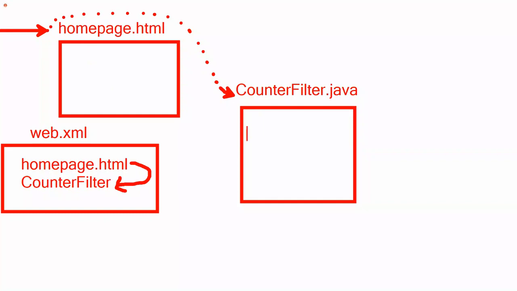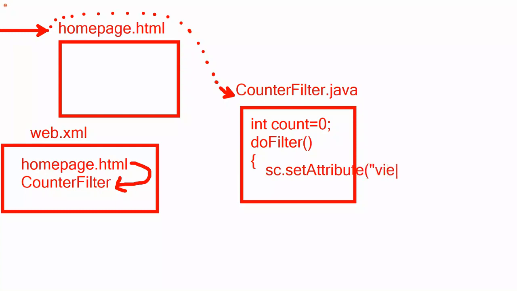Here, int count equal to 0. Then doFilter. In doFilter, here, servlet context dot set attribute. I'll write a views count variable. Here I'll write count plus.